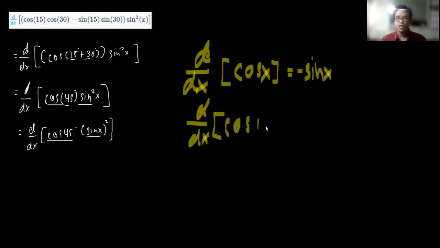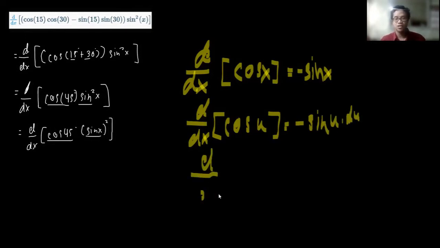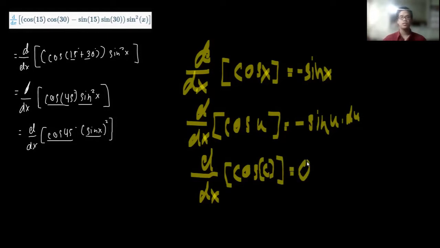So I will have cosine u, and this is chain rule, so this is negative sine u times du. But what if the input is just a constant? Cosine of c. Let c be the constant. The derivative of this is 0.